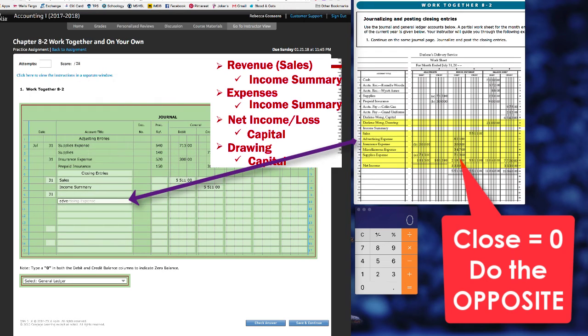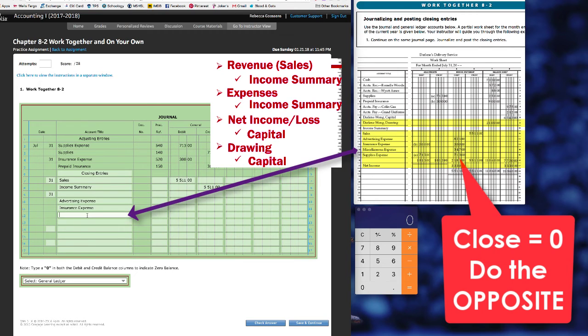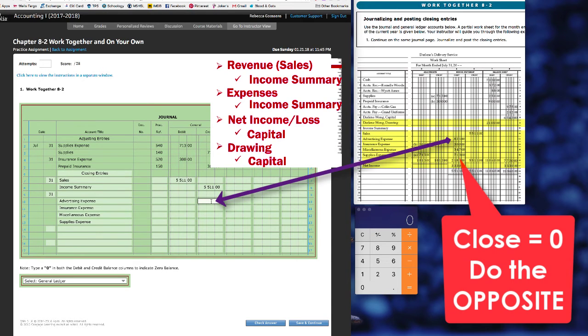Advertising expense, insurance expense, miscellaneous expense, and supplies expense. Again, I'm doing the opposite, so those debits are going to become credits. I'm just copying over my numbers. I had 821 in ads, 300 in insurance, 347 in miscellaneous, and 713 in supplies.